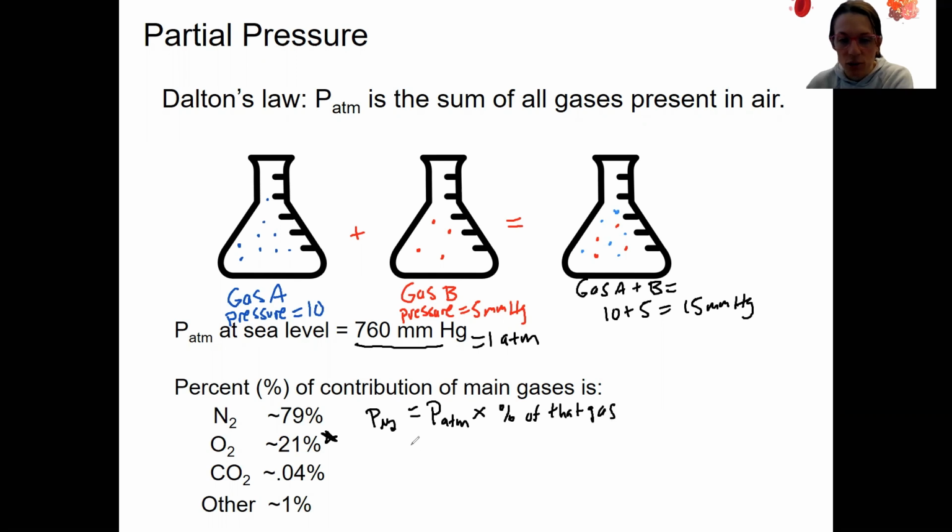So for PN2 of nitrogen, it's going to be 760 PATM at sea level, which was what we're going to start with, right? Is always going to be 760 times 0.79, which is 79%. That equals 600 millimeters of mercury.